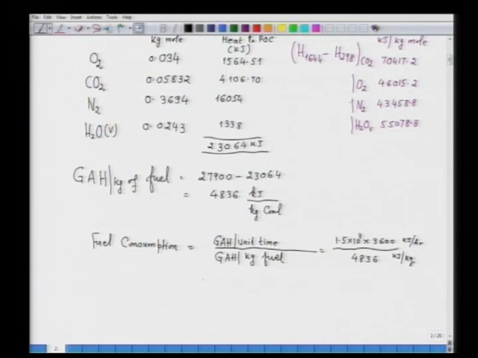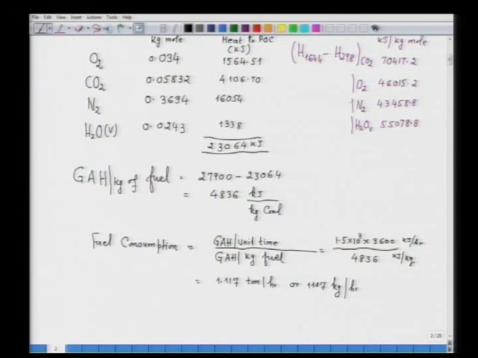So, the fuel consumption is 1.117 ton per hour, or 1117 kilogram per hour. Note this is the fuel consumption without preheating.